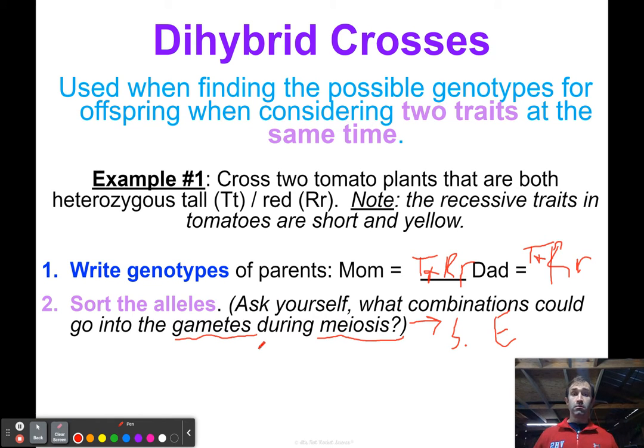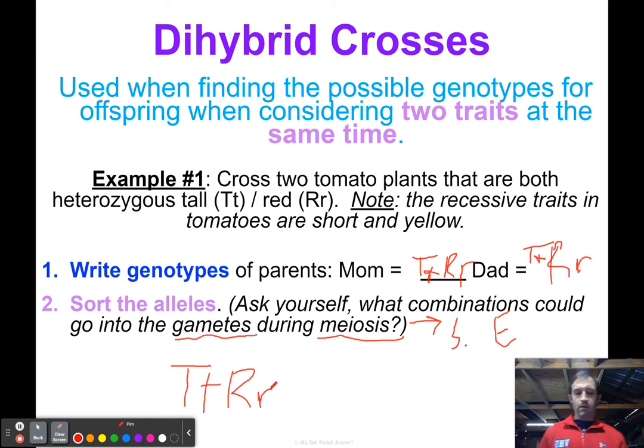Again, we kind of skip meiosis, but we're going to go back to it. Anyway, during meiosis, your mom gives one version of a trait, and your dad gives one version of a trait, right? So you have two, one from mom, one from dad. In this case, we've got big T, little t, and big R, little r.